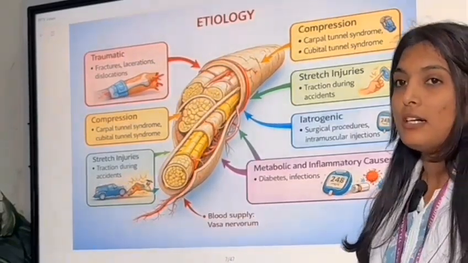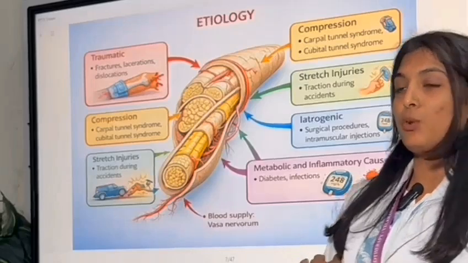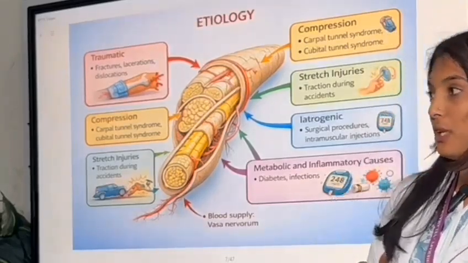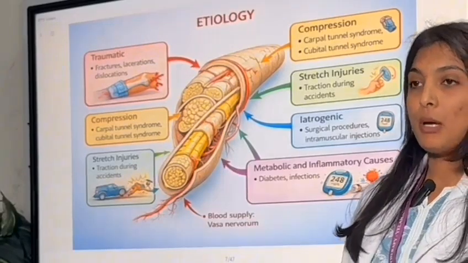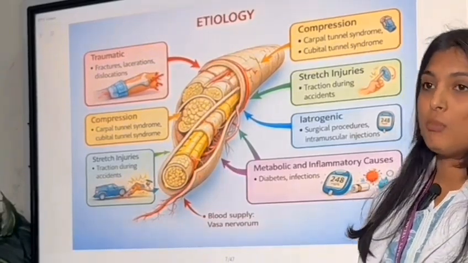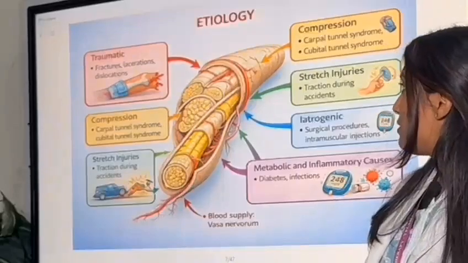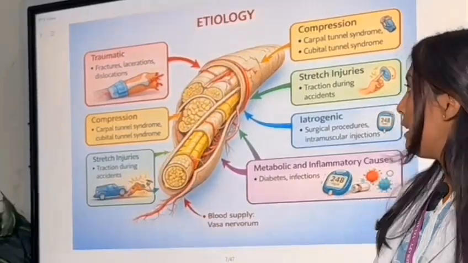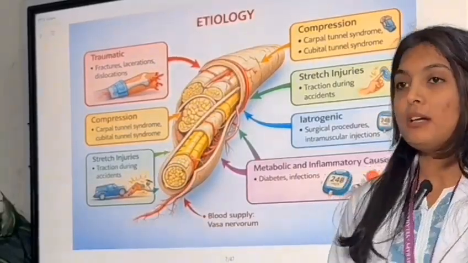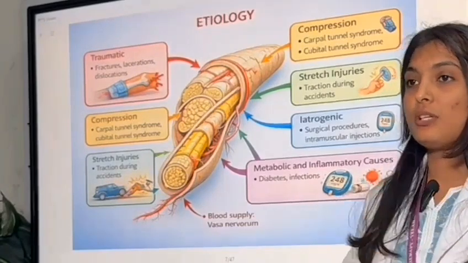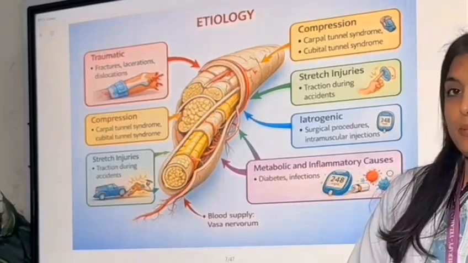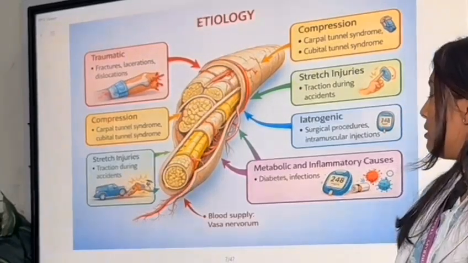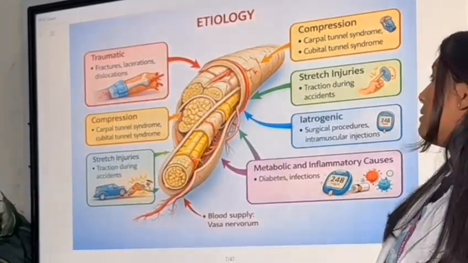If there is a fracture of the shaft of the humerus, the sharp bony ends of the fracture can cause compression of the radial nerve, so there can be radial nerve injury. Lacerations, that is direct cutting of the nerves. Dislocations, for example anterior dislocation of the shoulder can cause overstretching of the axillary nerve, so it can cause damage to the axillary nerve.